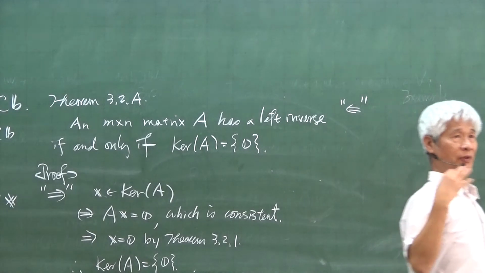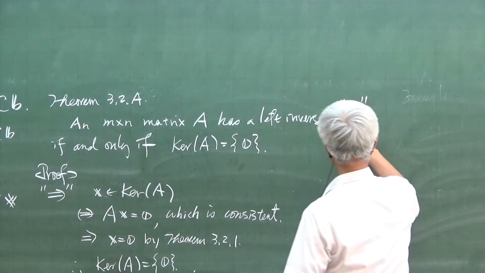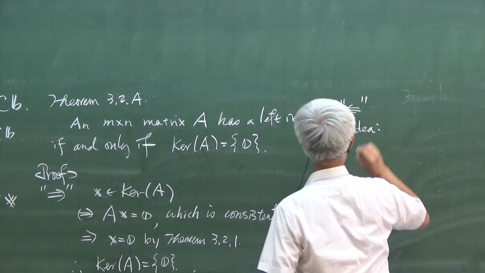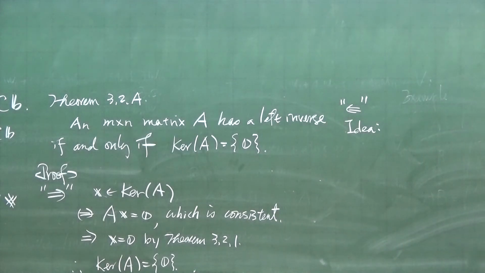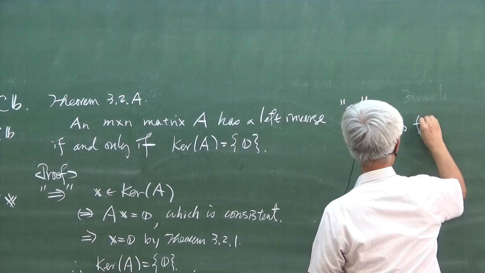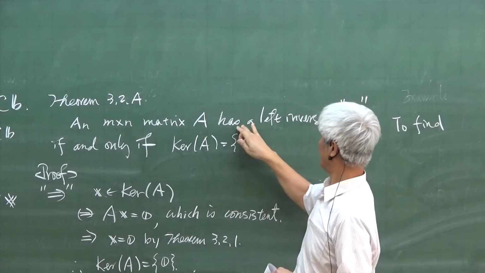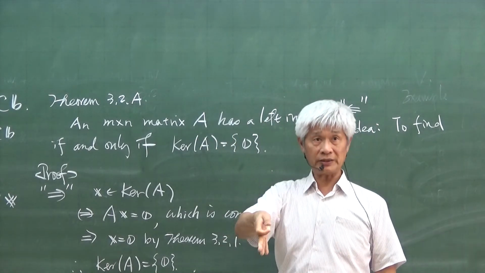So before providing a proof, I will give you the idea behind the proof. So the idea is that, given this condition, we want to find a left inverse by construction.